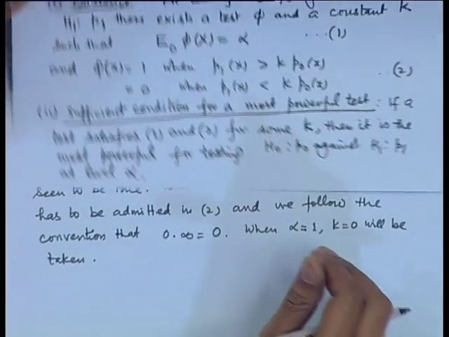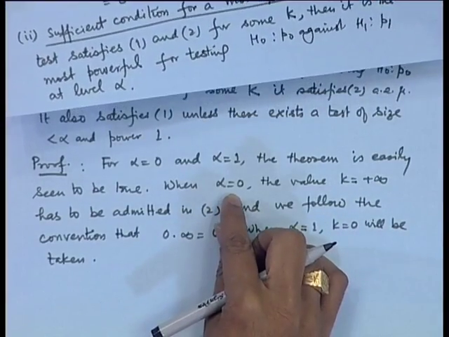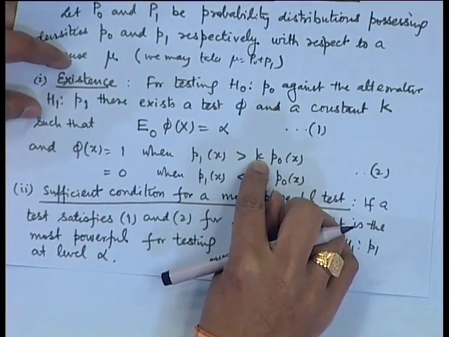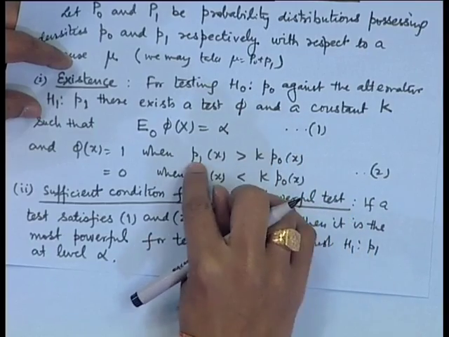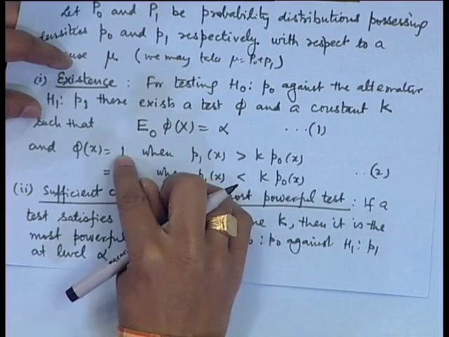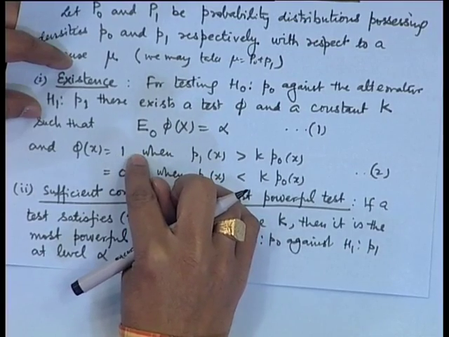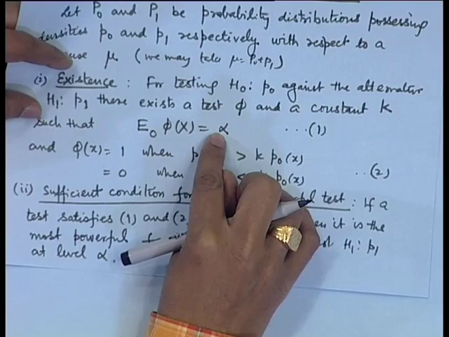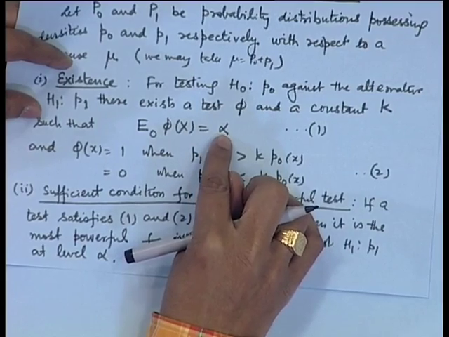Also we see the case of alpha equal to 1. Alpha equal to 1 will happen when I take k equal to 0. If I take k equal to 0, this side is 0. That means p 1 x greater than 0 is always satisfied. Therefore, you are always rejecting H naught, and the probability of type 1 error is 1. Now, what is happening to the probability of type 2 error?